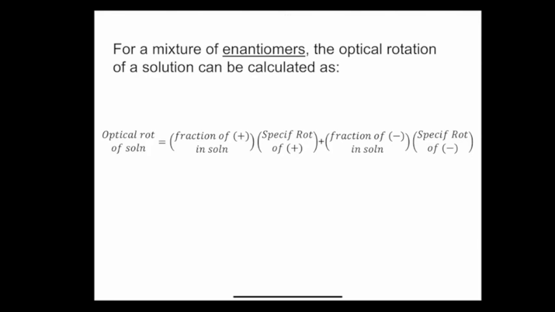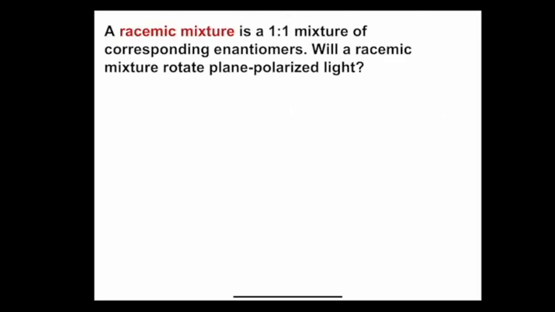And if there's an equal population of both, if the fraction is 1-to-1, then the opposite specific rotations will lead to a 0 observed value. Which means if I can observe some value by this formula, I can calculate the ratio of two enantiomers. This became the standard before any other technique to work out if things were pure or not.